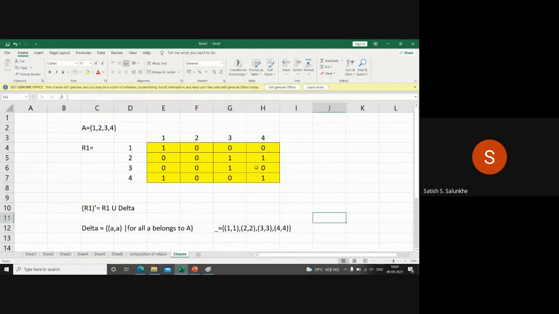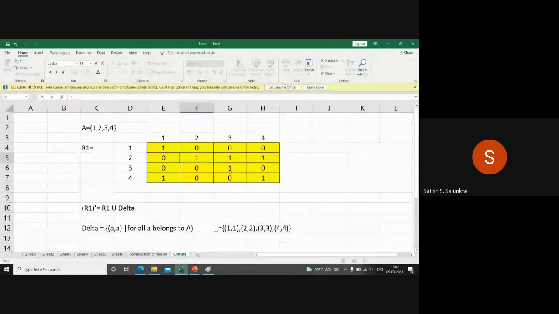R1 is the original relation. If you combine them with the union operation, you will definitely get the transformed version. It is just a union operation that you have done. So this is R1 now, the relation called the reflexive closure of the given relation R1.